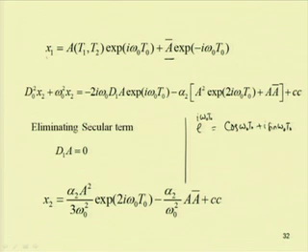So, instead of writing x 1 equal to a of t 1, t 2 e to the power i omega 0 t 0 plus a bar e to the power minus i omega 0 t 0, one can write this as a of t 1, t 2 e to the power i omega 0 t 0 plus c c.